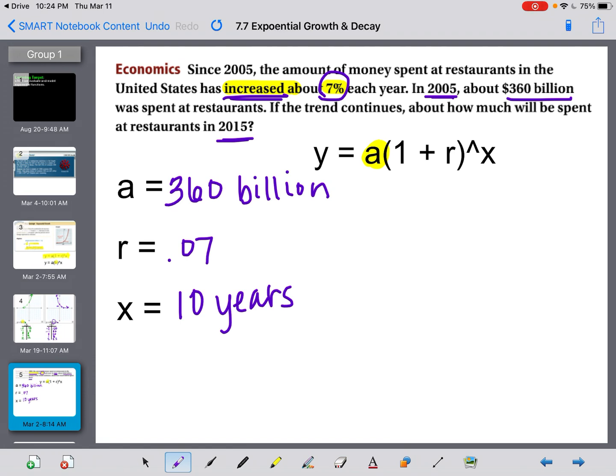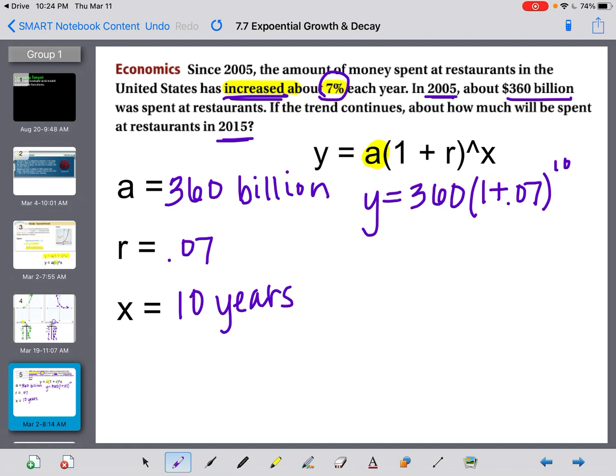All right, so now to solve this, I actually have to put in my numbers. So I'll have y is equal to 360. I'm only going to put that, and we'll just know at the end that it's billion, times 1 plus my growth rate, all to the 10th power.